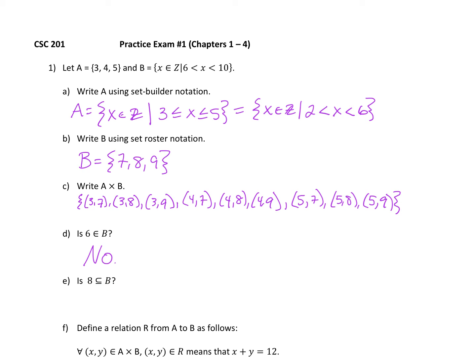So I would say no because the notation is incorrect here. If you wanted this to be true, you would either say 8 as a set is a subset of B, or you could say 8 is an element of B.